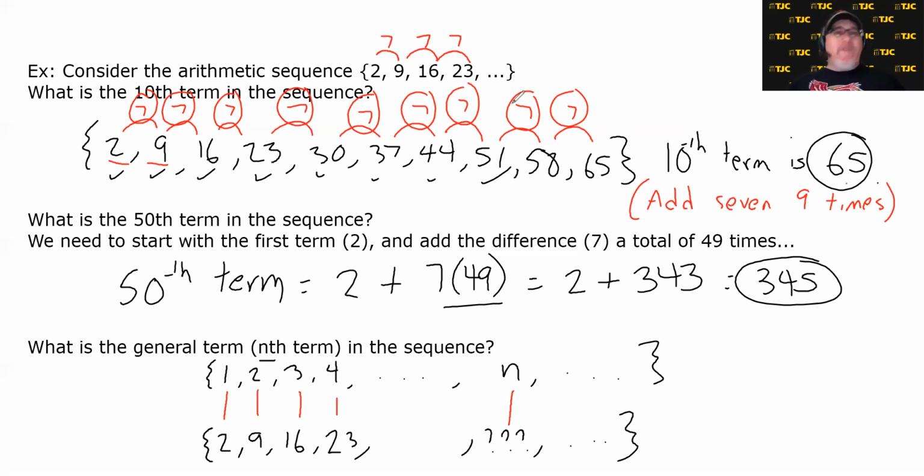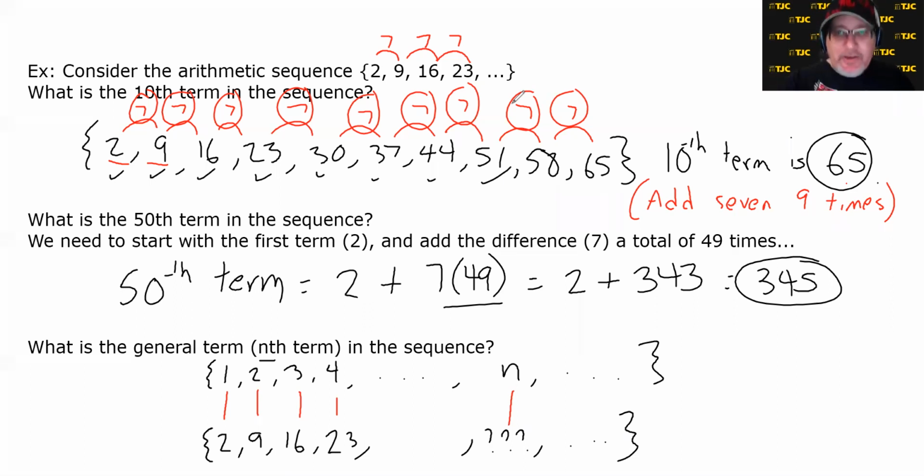For example, we figured out that the number in the 50th position, the 50th term, was 345 by doing something to the number 50, not by taking 2 and adding 7 until we got to the 50th position, although we kind of did that. So how can we do this? Well, let's think about what we did for 50. What do we do with 50 to get 345?